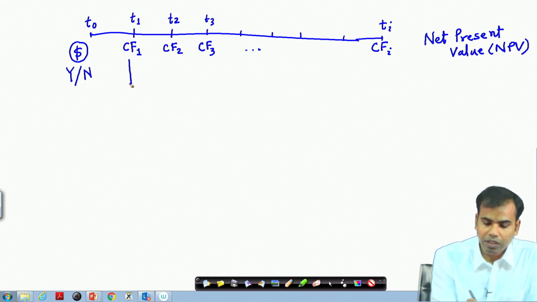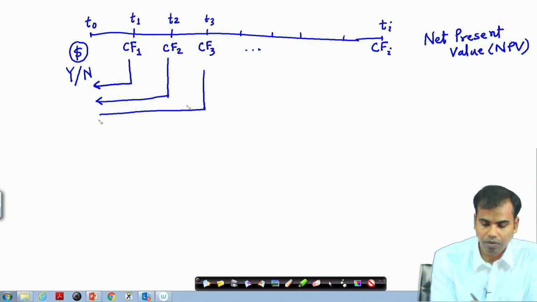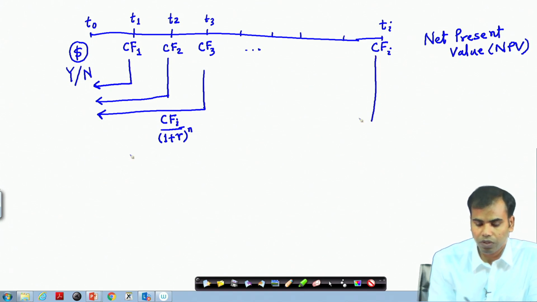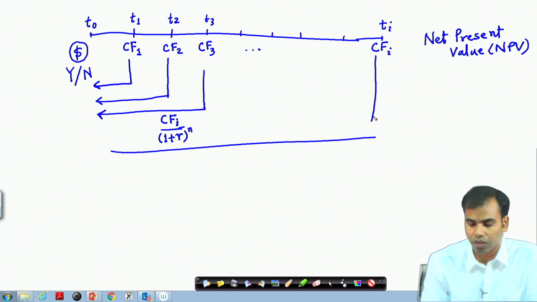The idea here basically is you have to calculate the present value of these future cash flows, in terms of cash flow at time I divided by 1 plus r, that could be a discounting rate, to the power n, which is basically the period for which you are investing.